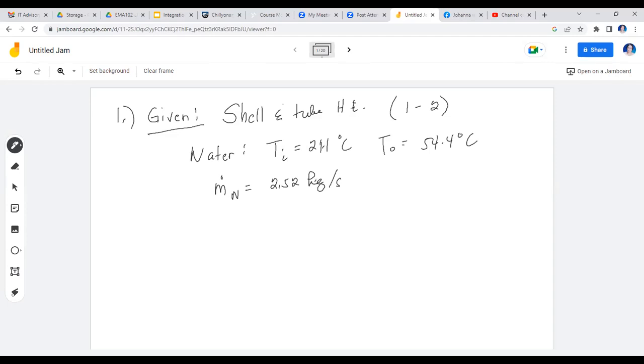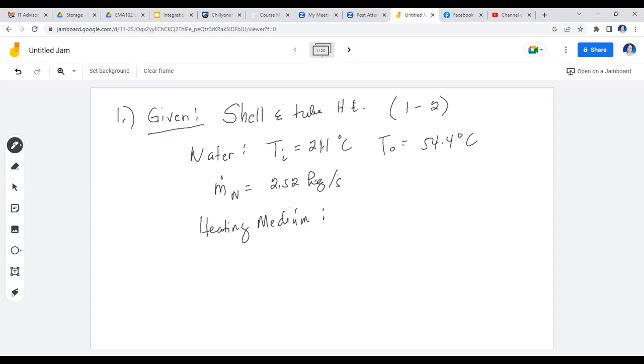So the inlet temperature of the water that is to be heated and the outlet temperature are given together with the mass flow rate. Now this water is to be heated by water under pressure. So I'll just place here the heating medium, so there won't be confusion as to water and water.